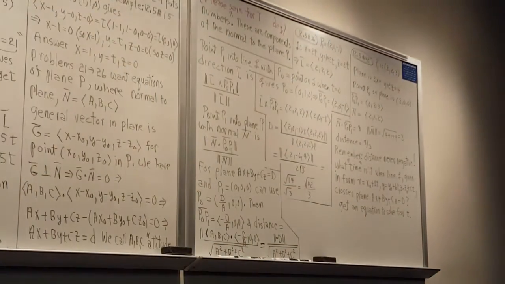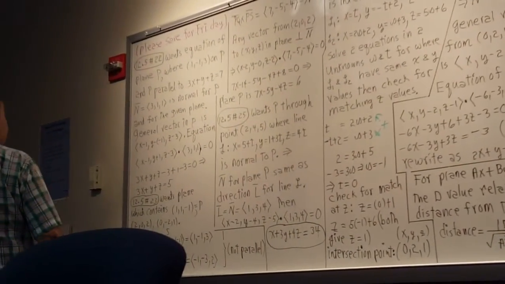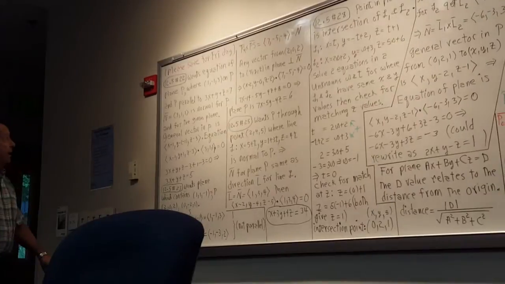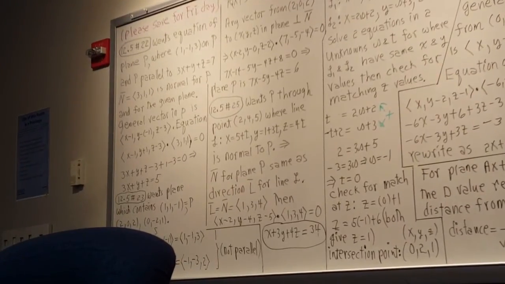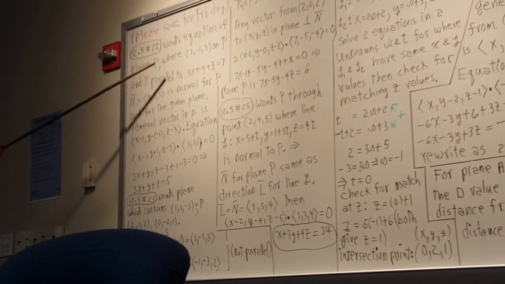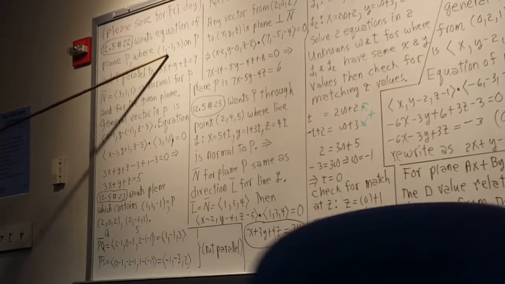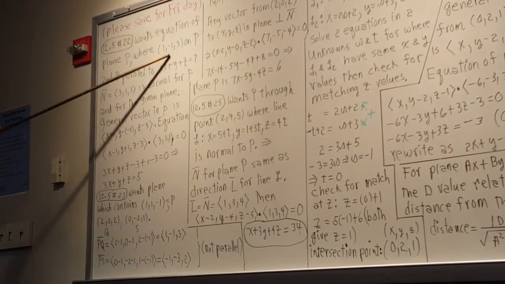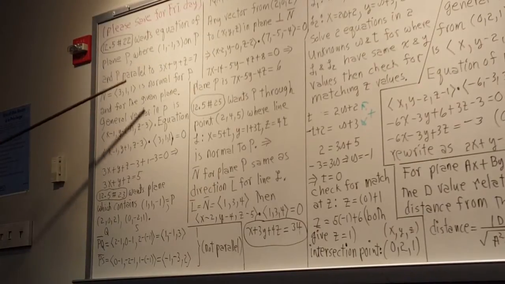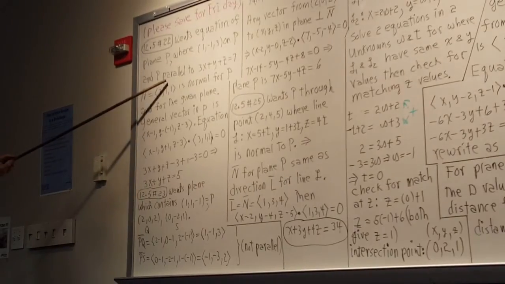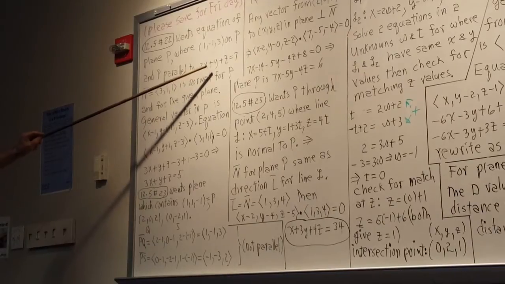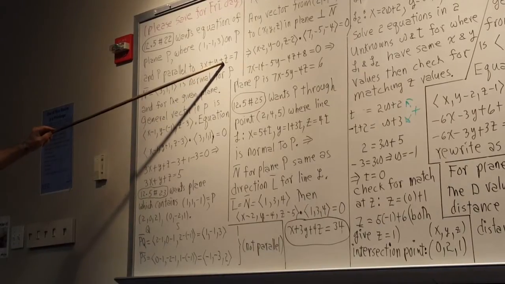So then we come over here. So look at problem 22. It wants the equation of the plane, and you're given the one point that's on the plane, and it's parallel to this other surface.